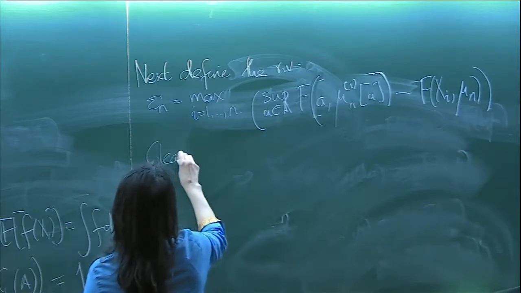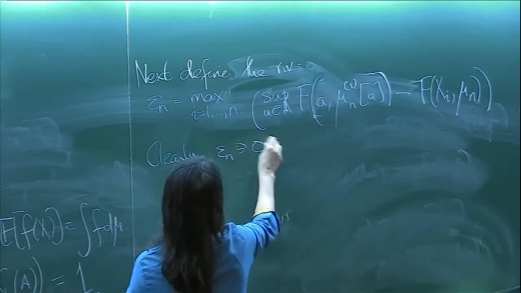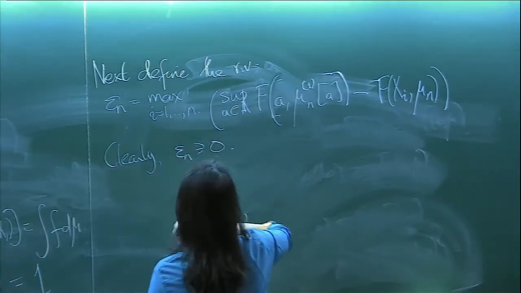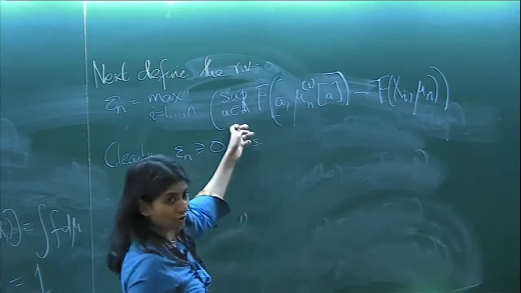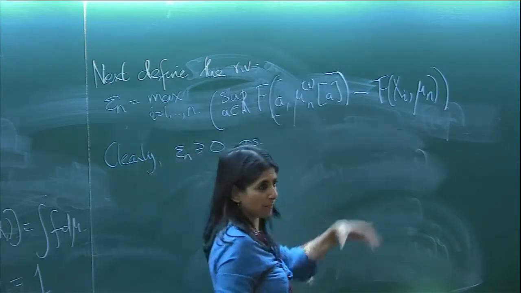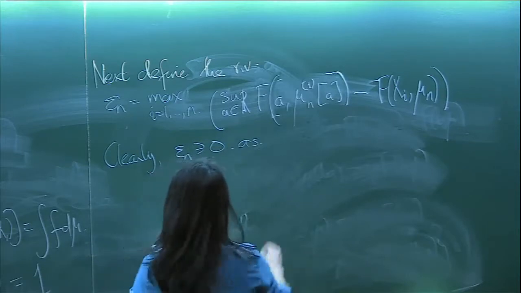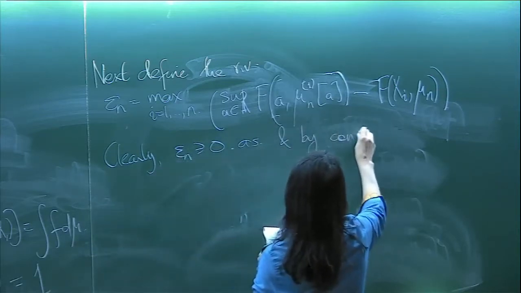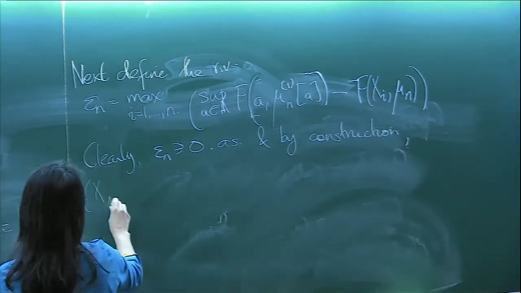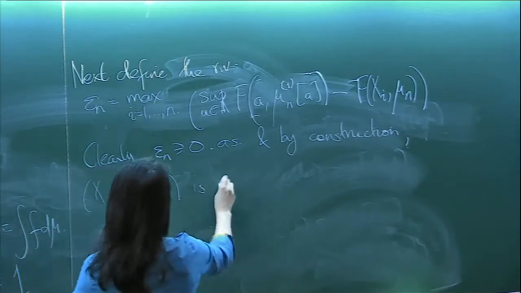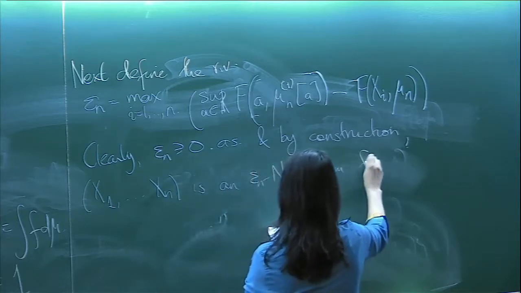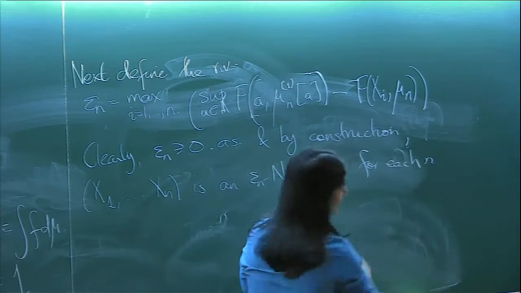Clearly we know that epsilon_n is greater than or equal to 0. Is that clear? Why? Almost surely. Remember, epsilon_n is a random variable. This is just because it's a sup over all a in A. And also the definition of this by swapping. And by construction, (X_1, ..., X_n) is an epsilon_n Nash equilibrium, almost surely, for each n. Is that clear?